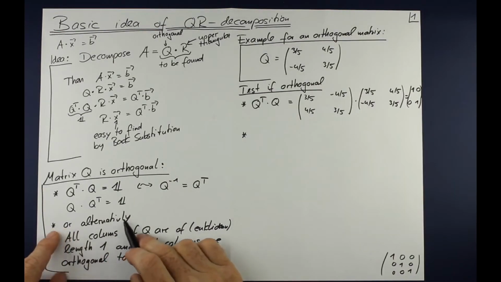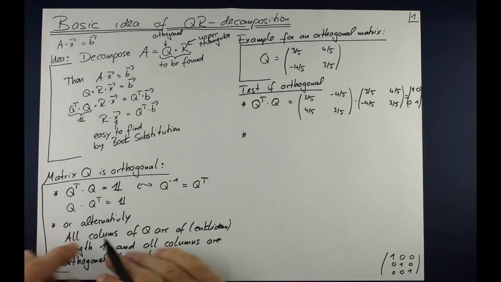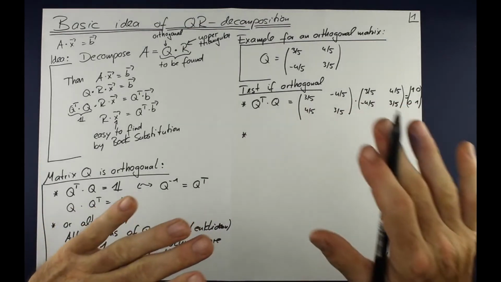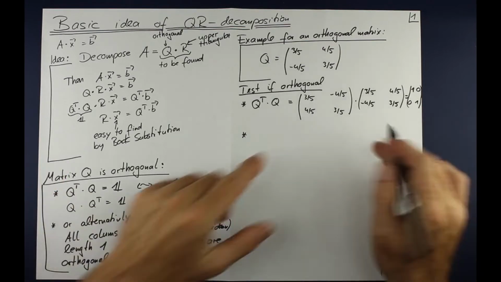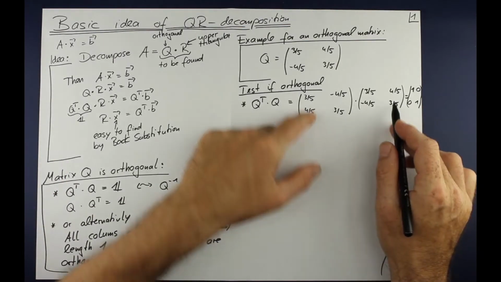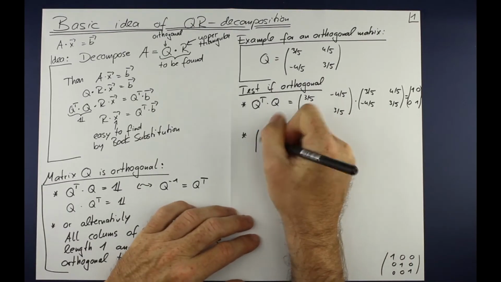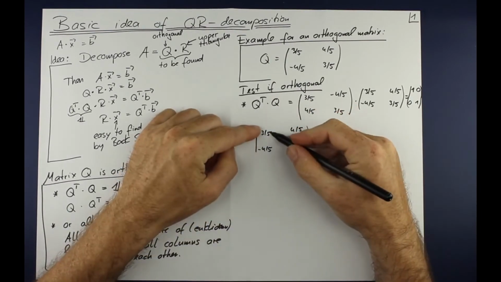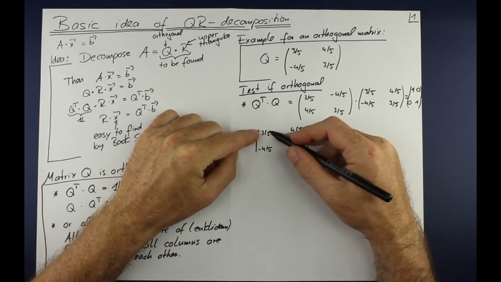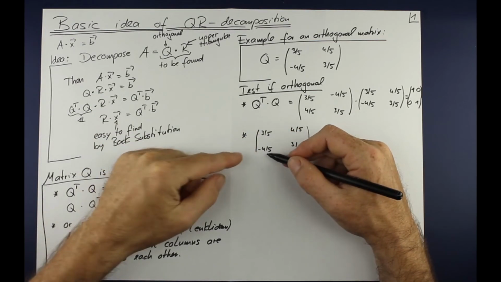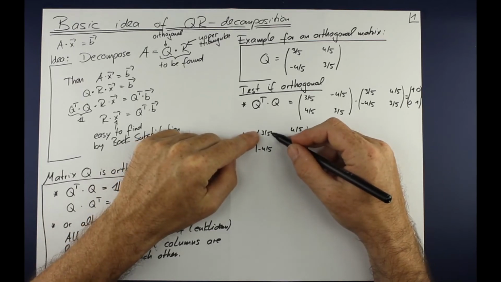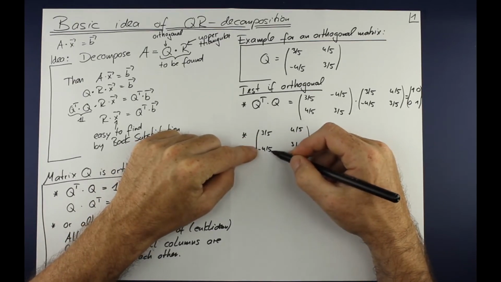And let's use alternatively that test. It's no more necessary. We did everything we had to do to show that it's orthogonal, but instead of doing the job in that way, we can also do it in the following way. What is the length of that vector? It's this entry squared plus that entry squared, and then the square root of that. 9 divided by 25 plus 16 divided by 25, which is 25 divided by 25, which is 1.